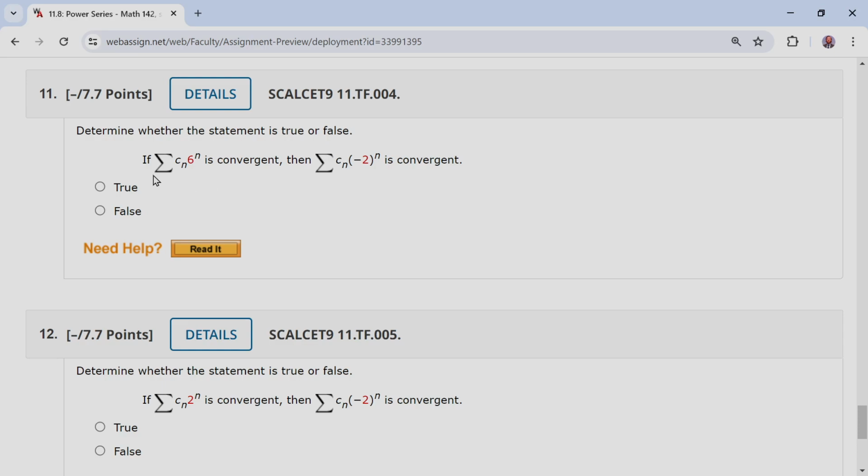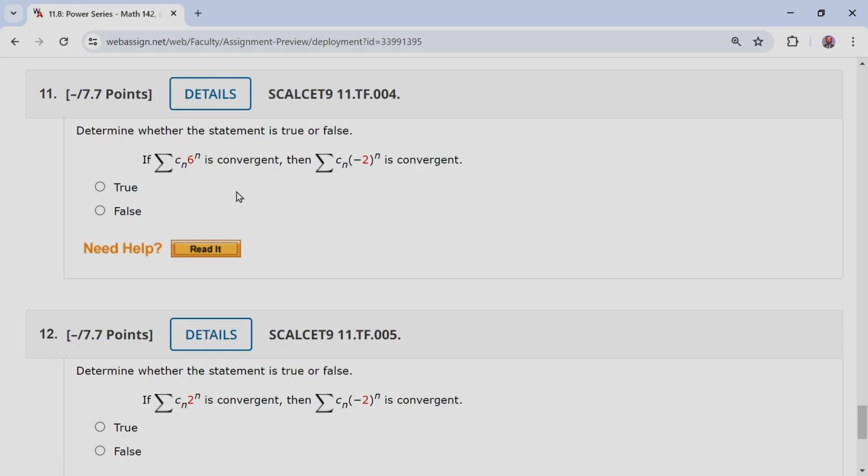My suspicion is, because 6 is of greater absolute value than 2, we should have an easier time converging here with this smaller absolute value. Moreover, this is an alternating series, whereas this one is not.